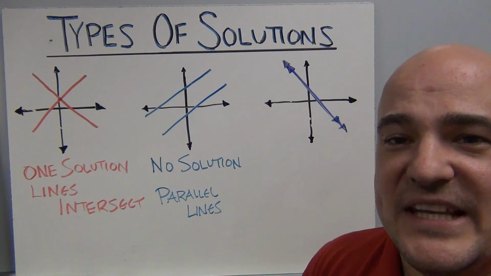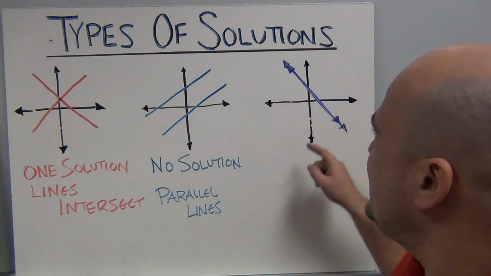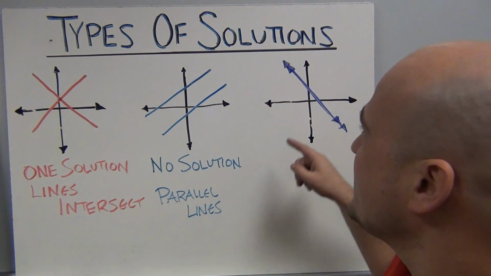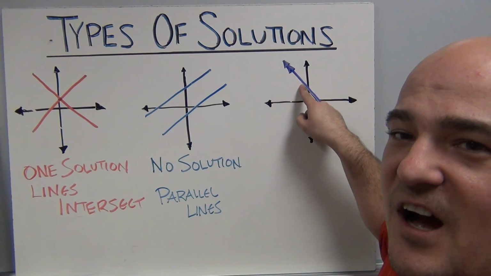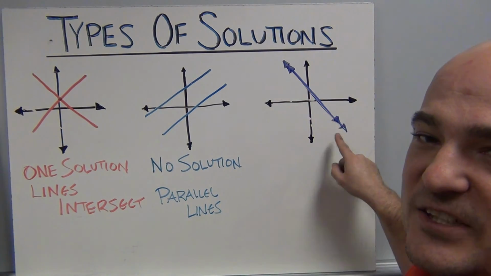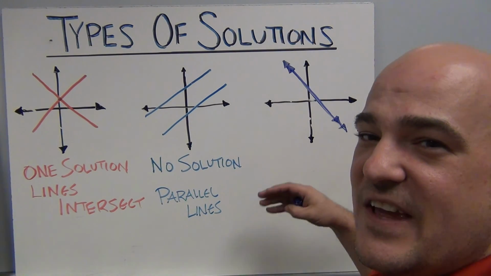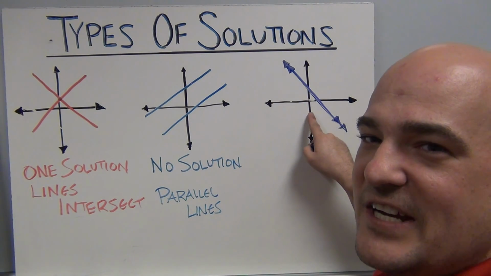They may in fact be the exact same line. Remember, we're looking for where these two lines cross, and these two lines are crossing constantly. So in this case we have infinite solutions because there's an infinite number of times where these lines are touching each other.